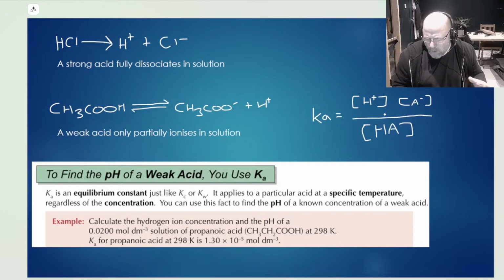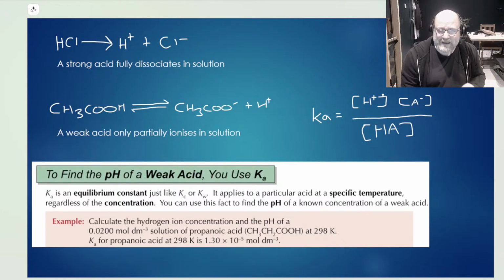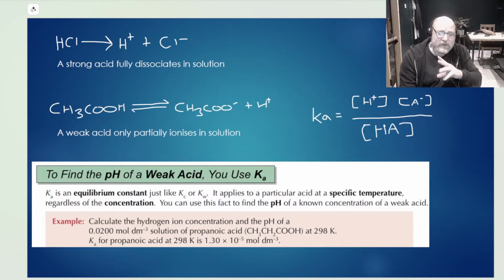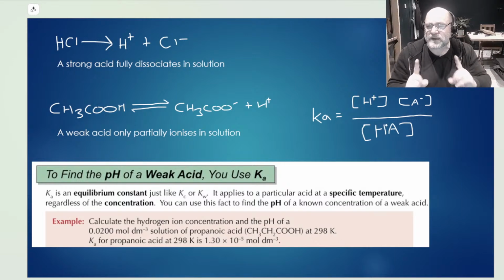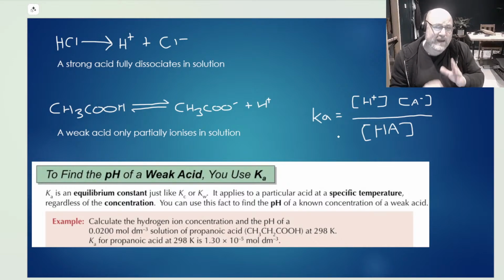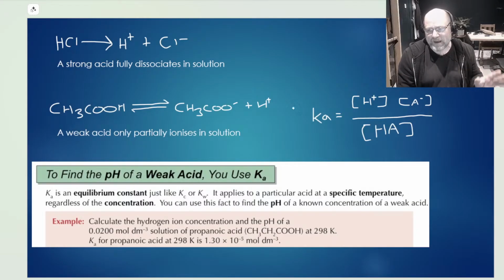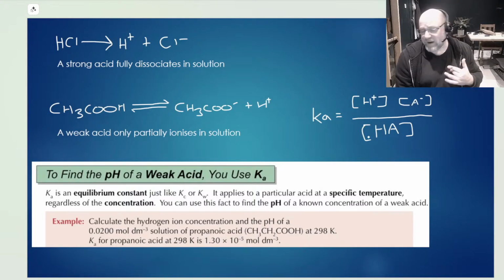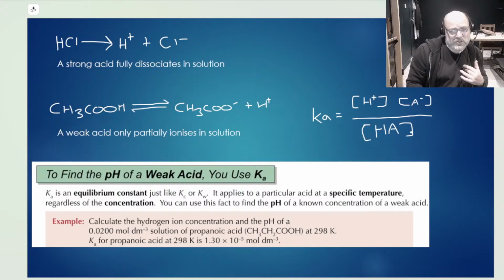Now, what we have to do here is we can simplify this. This is a key thing for your exams. If you're asked to write the Ka expression, you must write it in terms of what you've been given. So in this situation, I would write H plus and CH3COO minus at the top, and CH3COOH at the bottom.